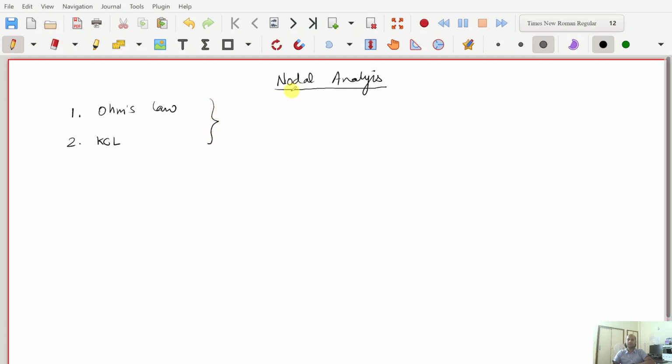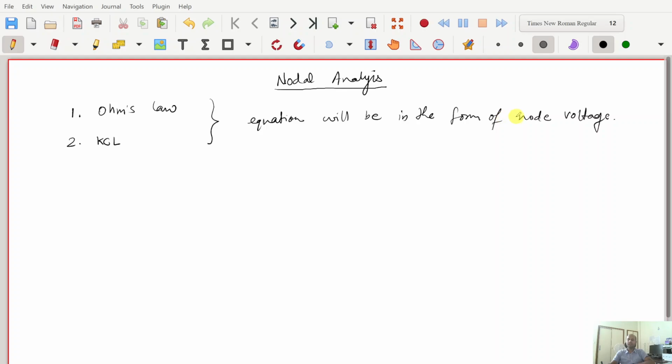Now in this nodal analysis, the equations will be in the form of nodal or node voltage.